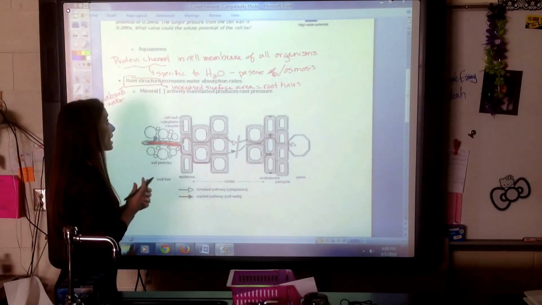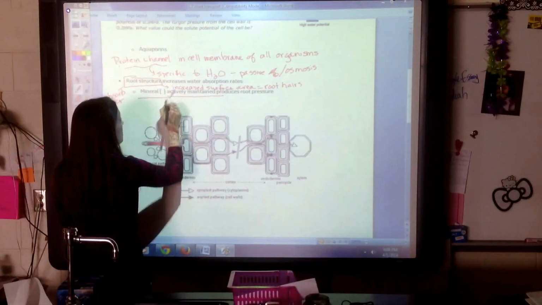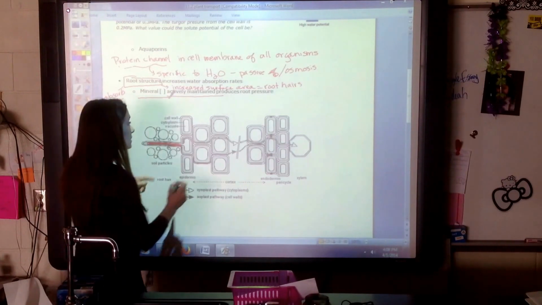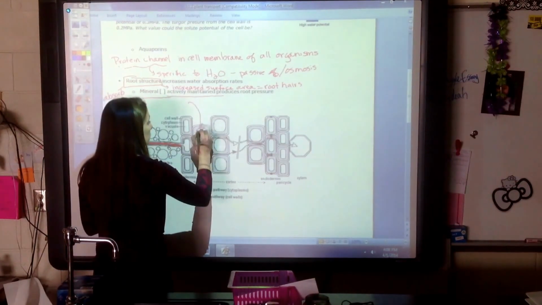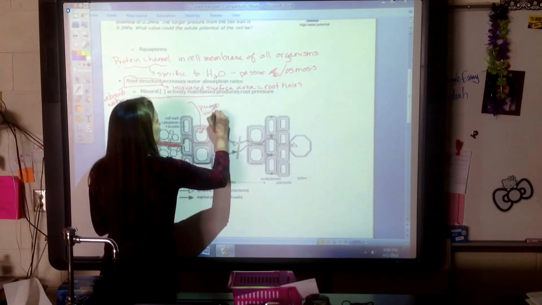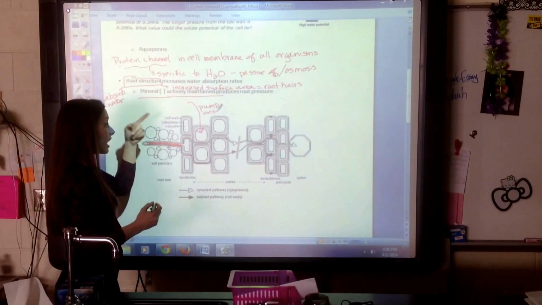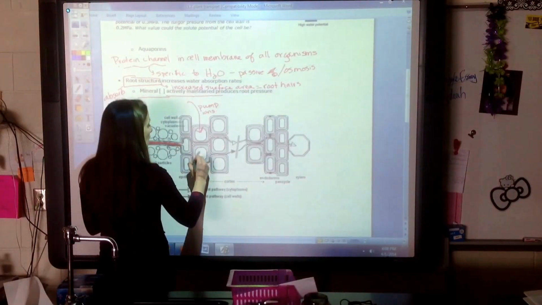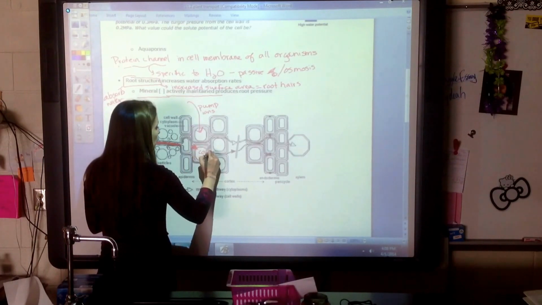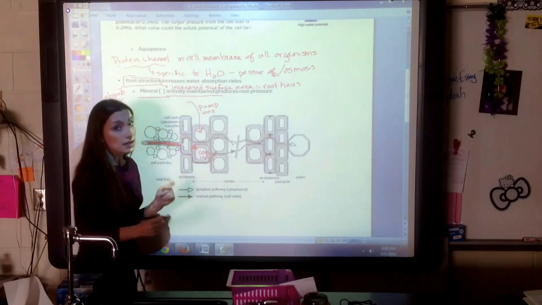The other way is that they are actively going to maintain a mineral concentration. So this means that we are actively pumping ions to help maintain a high concentration of ions. So we're going to see a very high concentration of ions in the root cells.